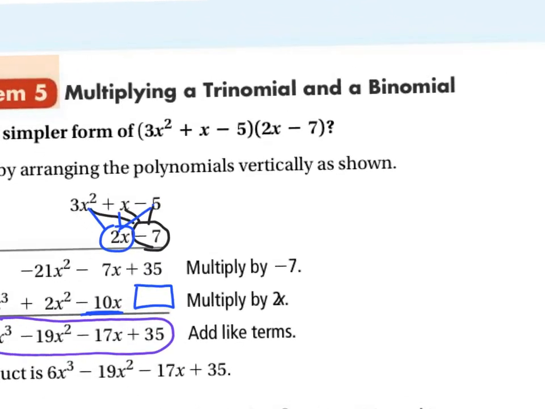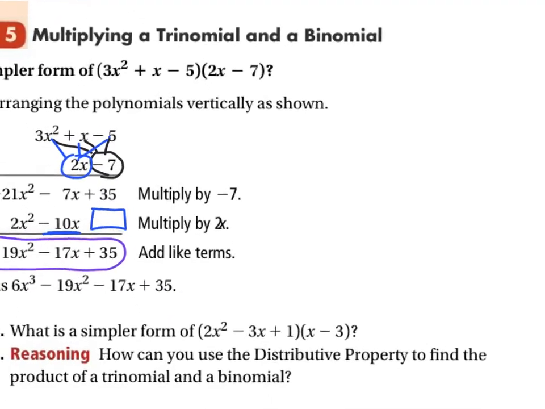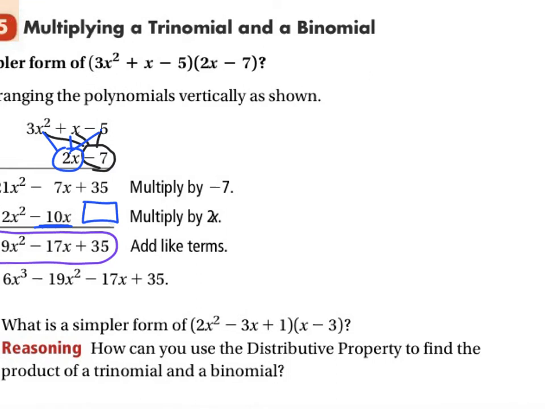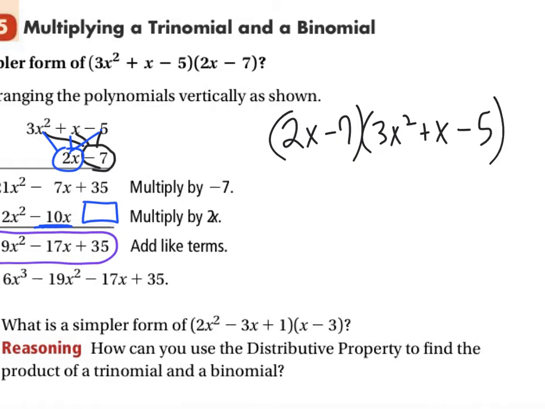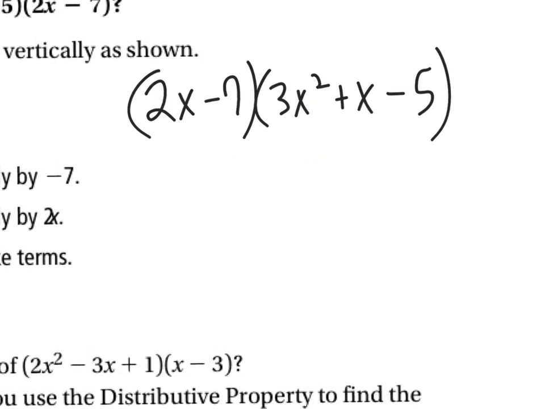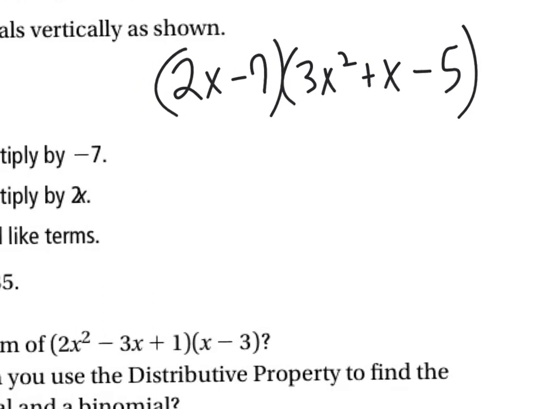Just to show you another option, we could rearrange it, is what I would do if I wasn't doing it the way the book did. If we're multiplying, we can use the commutative property and change the order. I would just write it like this, have the binomial times the trinomial, and then we could just start distributing.